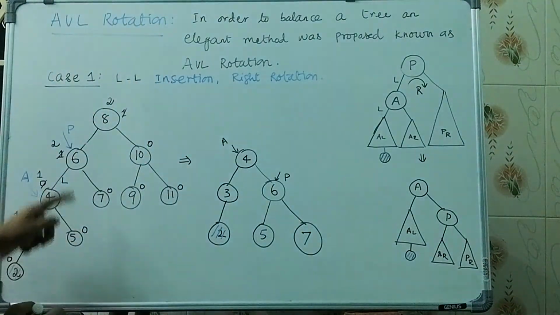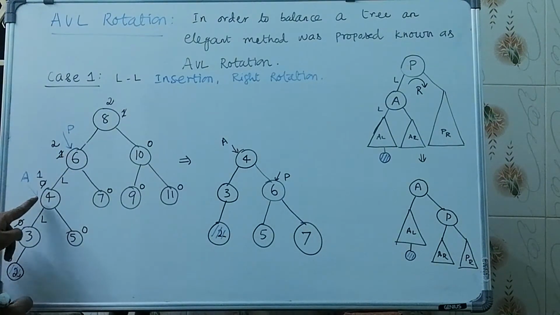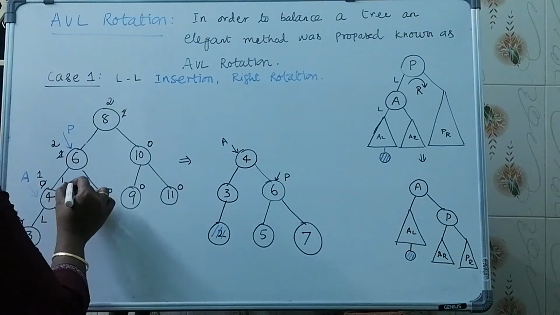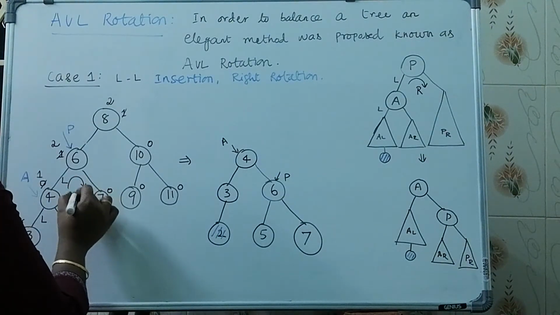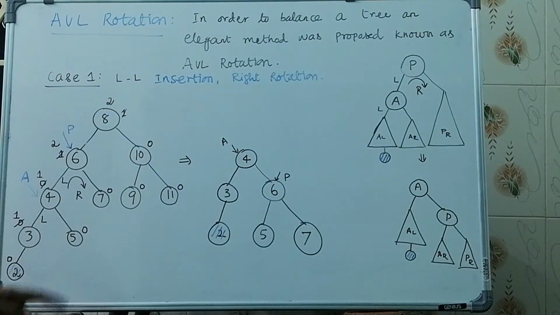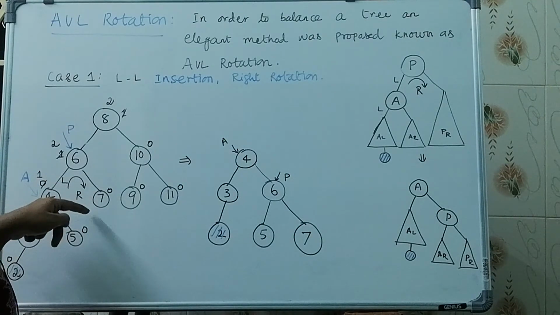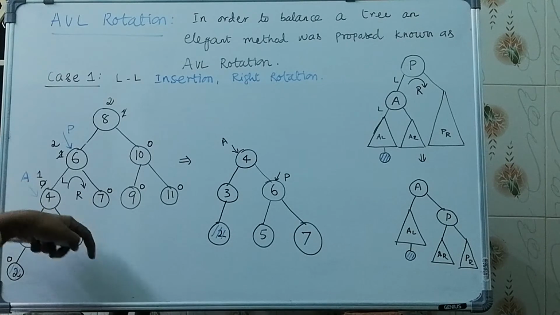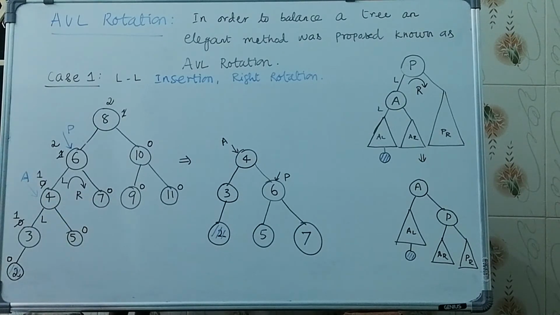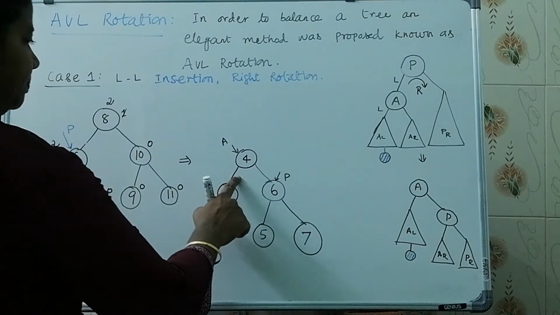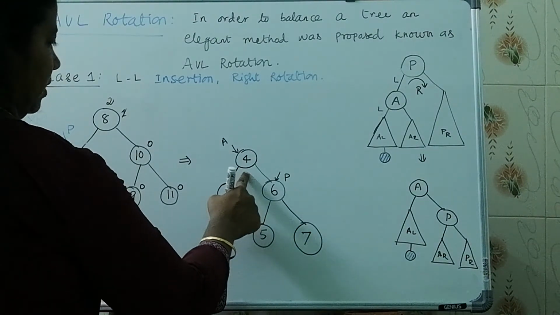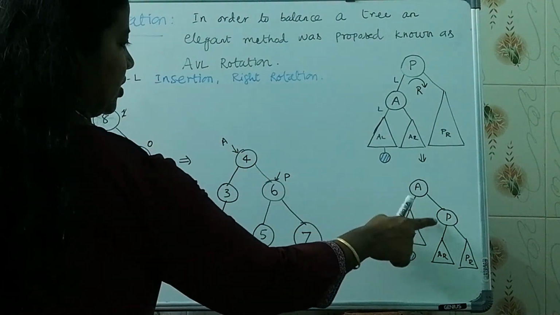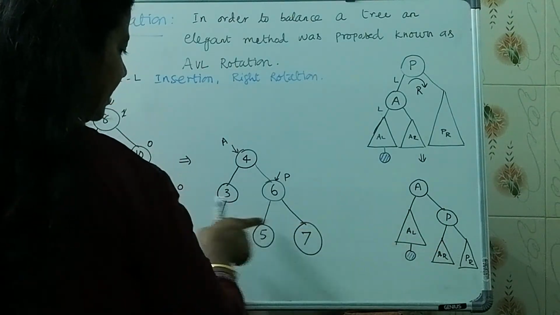Earlier this was P and A. Now where did we apply the rotation? We applied the rotation in the right direction. After we rotate P, P has to go to the right side of 4. So after rotation, P has come to the right side of A and it satisfies.